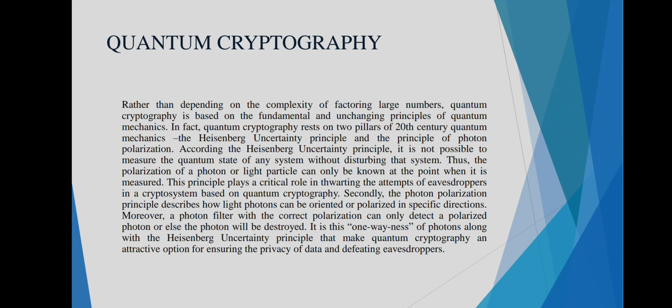These two advantages make quantum cryptography the best. These two processes make quantum cryptography much more secure, and it helps to defeat eavesdroppers. Eavesdroppers means a person who is involved in secret conversation or who interacts in secret information sharing.